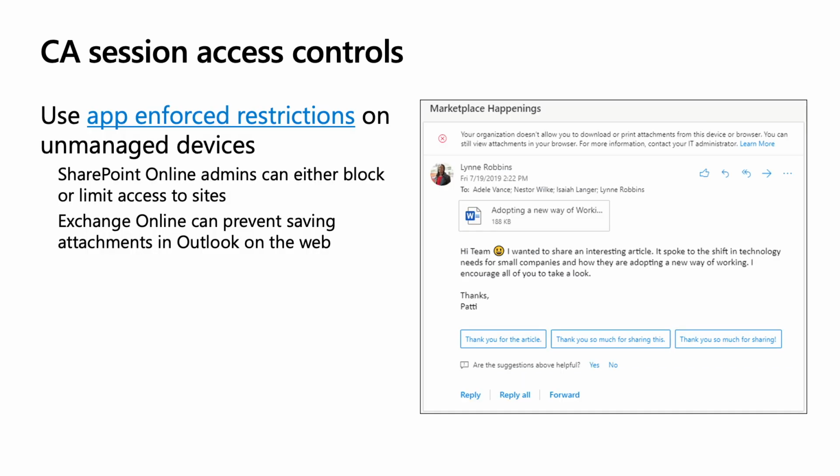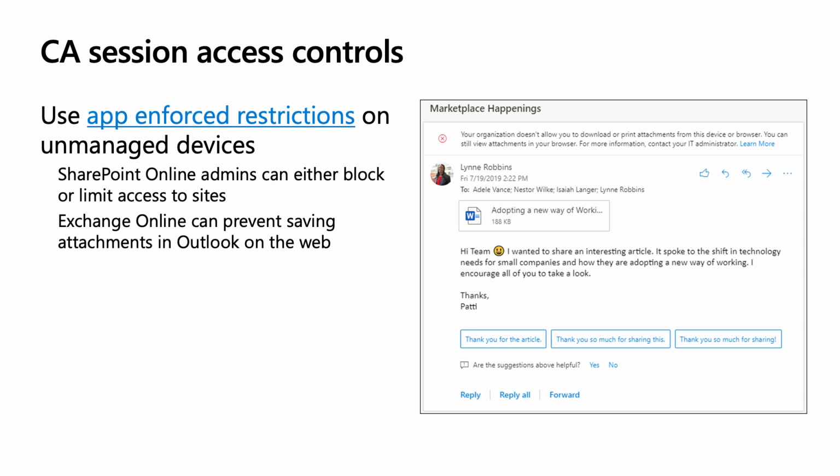We also have, through conditional access, session access controls. And while there are several session access controls, the one I want to focus on is app enforced restrictions. App enforced restrictions can be applied to any device that is not considered managed. By managed, I mean any device that is enrolled.